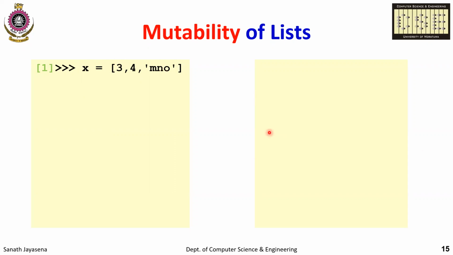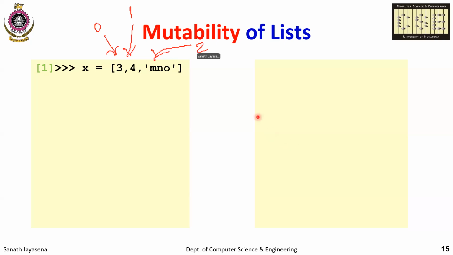Now, one thing I would like to say: just like in strings, in lists also we have the index notation. So, for example, this 3 has an index of 0. This 4 has an index of 1, and MNO has an index of 2 in the list.